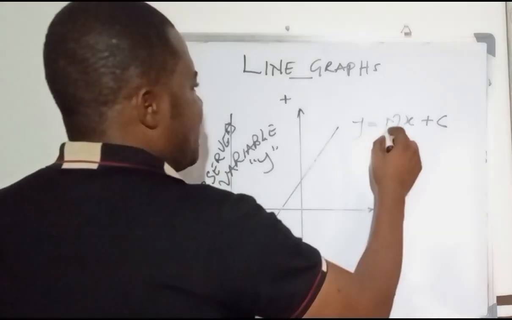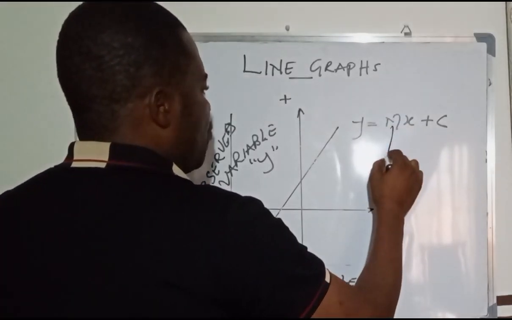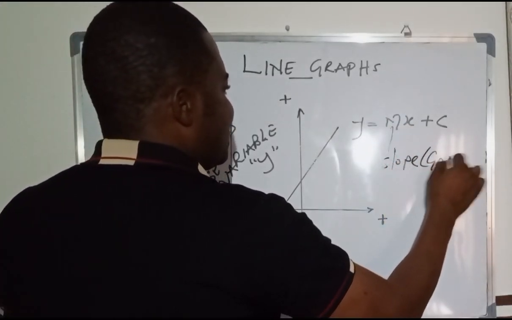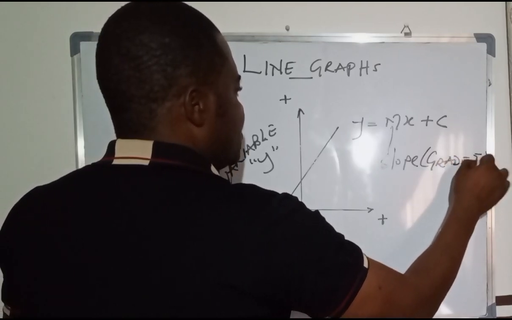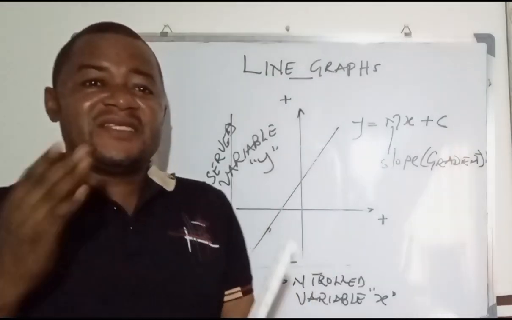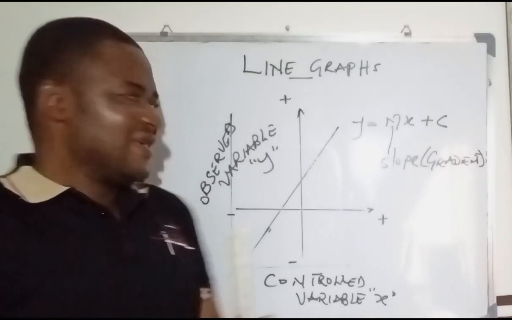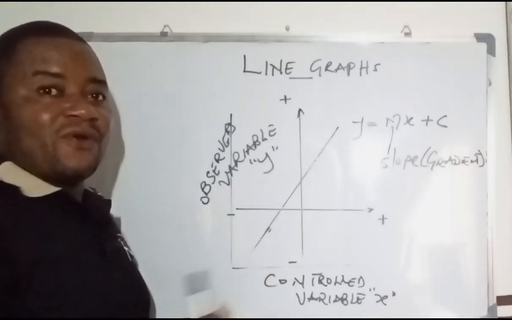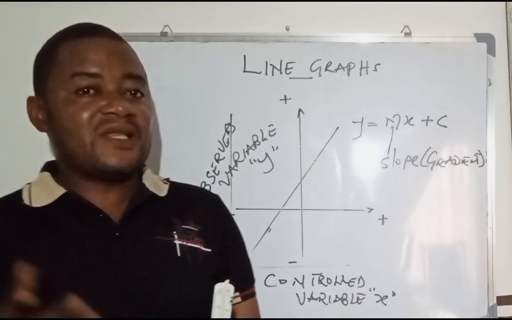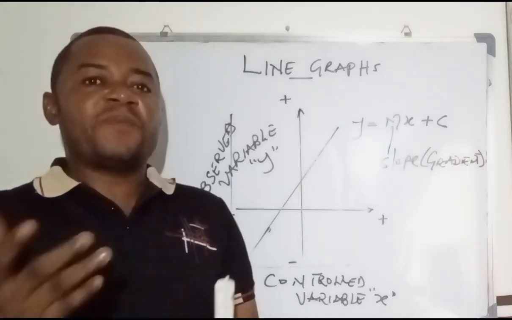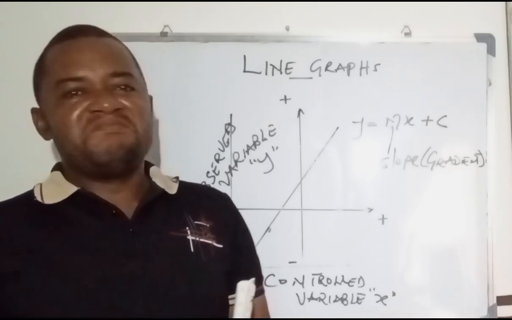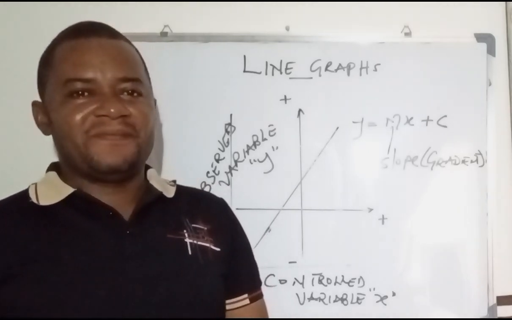Now, your m defines what you call the slope, or the gradient. The slope or the gradient simply explains the steepness of the line, the steepness of this plot. It is a very important factor because it is what you use to determine those parameters I mentioned earlier, such as activation energy, enthalpies, entropies.